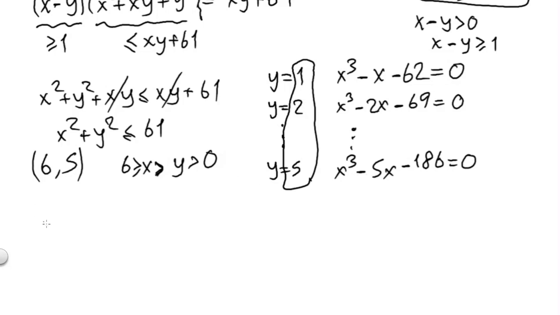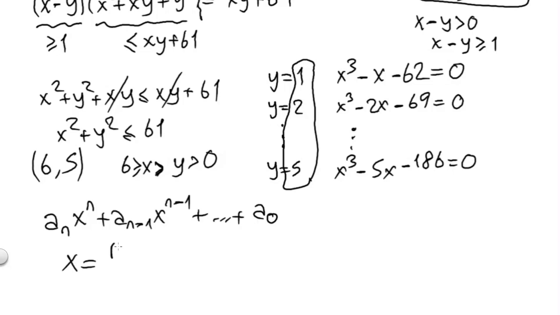So for example, if I have a polynomial a_n x to the n, plus a_(n minus 1) x to the n minus 1, it can be any degree, up to a_0, and I know that if there is a solution x which is in the form of p over q, I mean rational solutions of this equation, not all roots have to be rational, but some of them may be, then this follows the rule that p divides the last constant a_0, and q divides the first constant a_n.